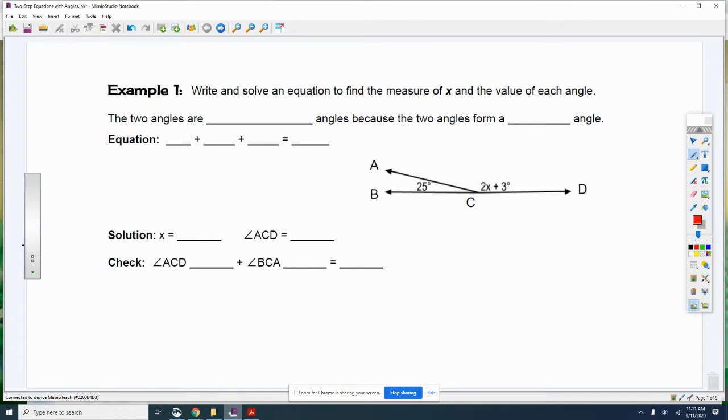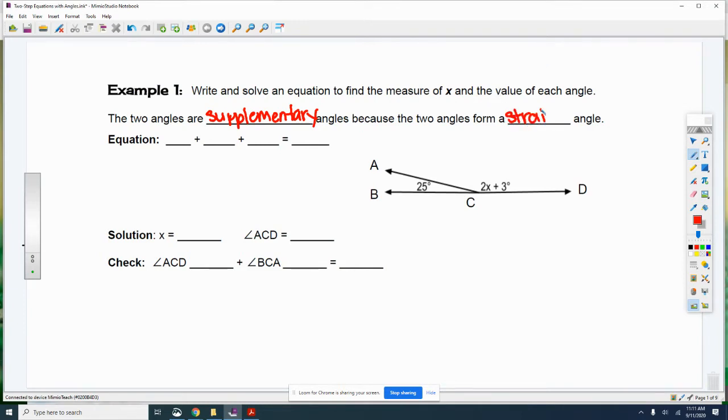So example 1 says write and solve an equation to find the measure of x and the value of each angle. Two angles are supplementary. Two angles are supplementary angles because the two angles form a straight line.